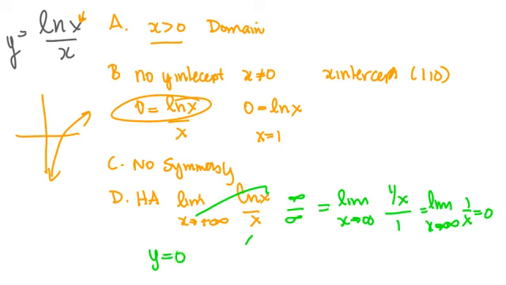There's a vertical asymptote at, let's see if I can squeeze that in. The vertical asymptote is at x equals 0 because that's where the denominator is 0, and I'm just going to take the limit as x approaches 0 from the right because that's all I'm allowed to do given the domain.